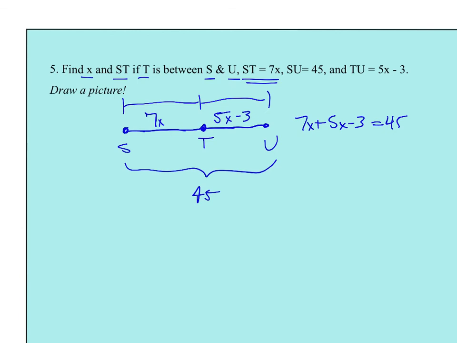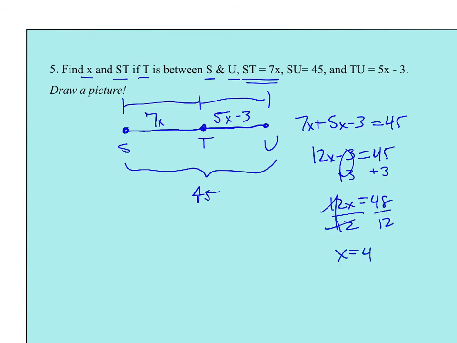So now it becomes an algebra problem. This is just simplifying. That becomes 48, a little division, that becomes 12. X is going to equal 4. Now, you're not done. Many students would say, hey, I figured out X, I'm done. Well, that's algebra. In geometry, you also need to see, does that literally answer the question?